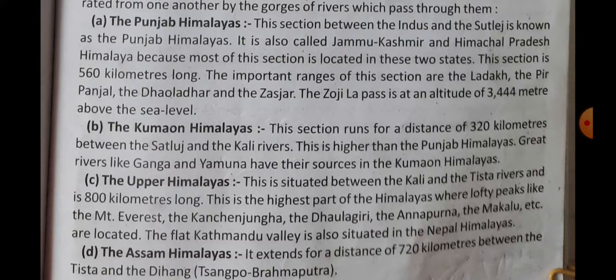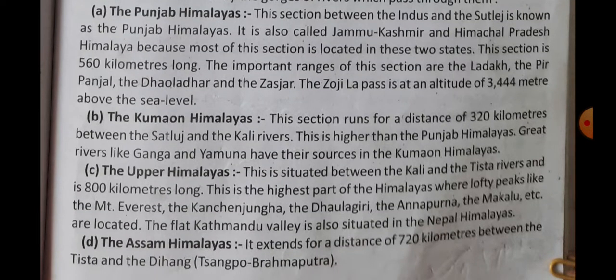This section is 560 km long. The important ranges of this section are the Ladakh, Punjab, the Dhauladhar and the Zaskar. The Zojila Pass is at an altitude of 3,444 meters above the sea level.